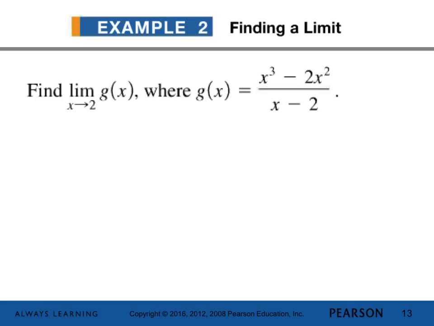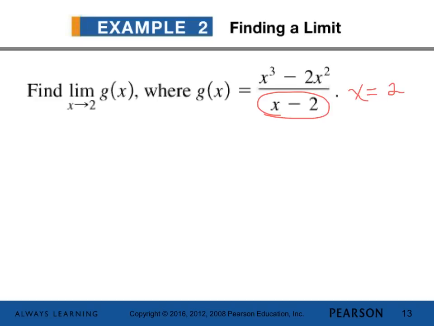And the thing we're going to pay careful attention to here is that x cannot be 2 in this expression. Because the denominator is x minus 2, we cannot allow x to be equal to 2. That's not allowed.